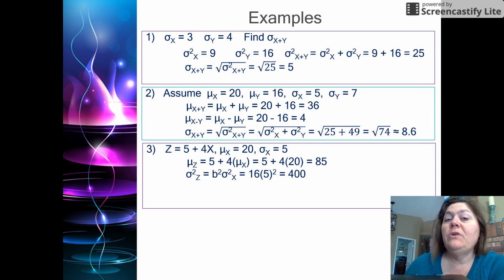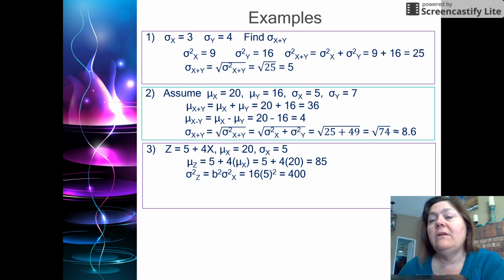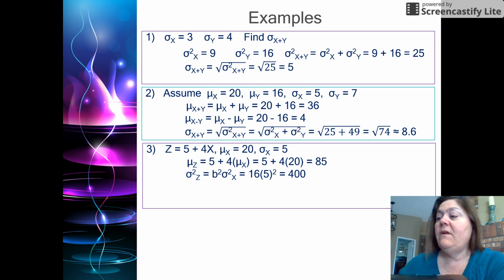To find your variance, you're going to do b squared times sigma squared, which is 16 times 25 or 400. And then, of course, to find your standard deviation, that is 20.